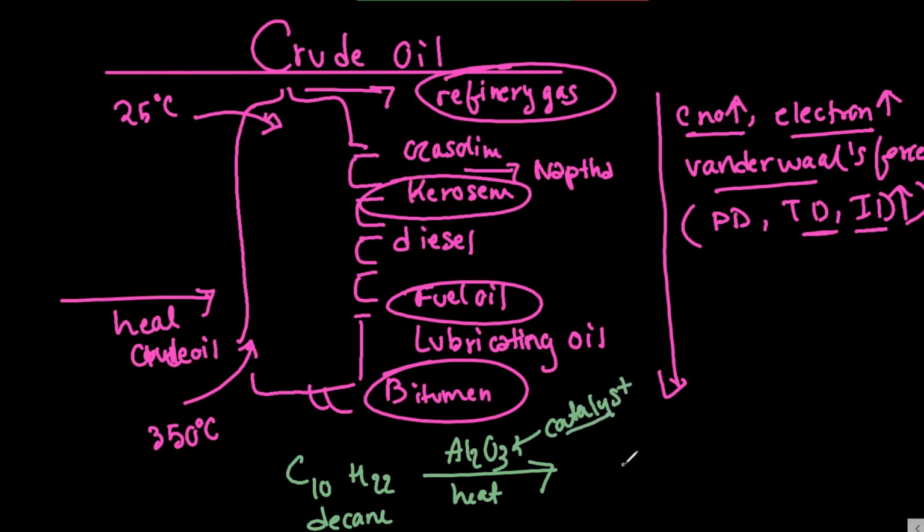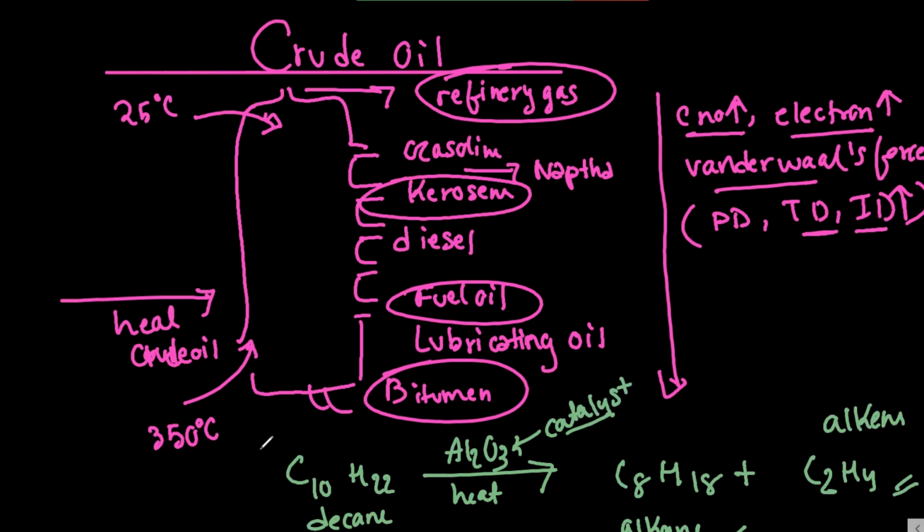It's going to break down into octane, and if you subtract 8 from 10, you get 2, and 22 minus 18, you get 4. So this is an alkane, and this is an alkene. When we crack longer chain chemicals using catalyst and heat, you get a mixture of alkane and alkene, and this process is called cracking.